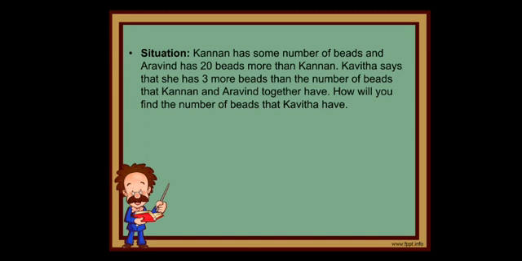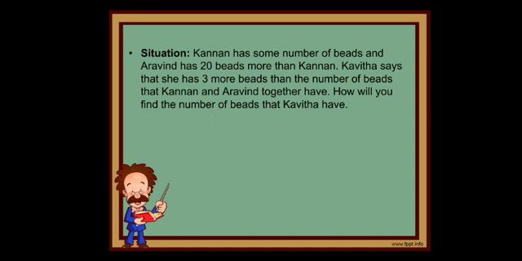Here we have 3 unknowns: the number of beats that Kannan has, the number of beats that Aravind has, and the number of beats that Kavita has. They are asking us to find the number of beats that Kavita has, but all these 3 unknowns are interlinked, right?